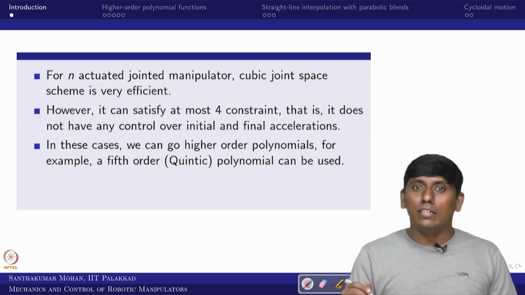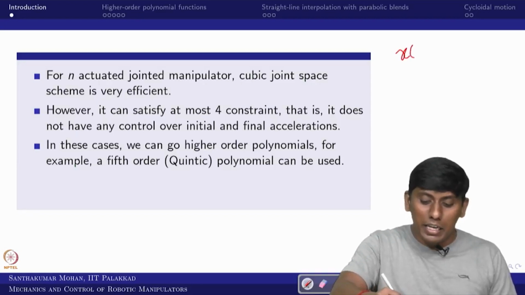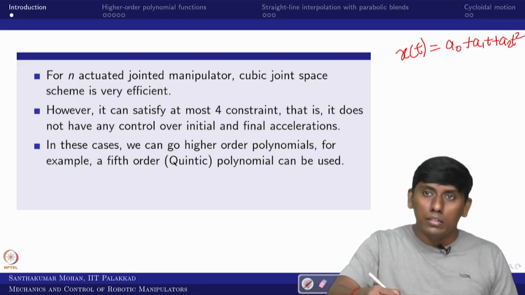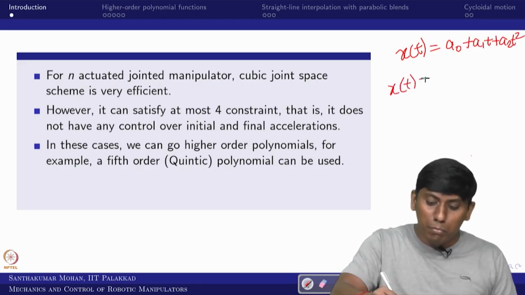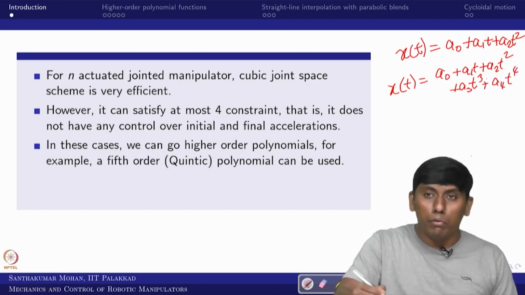I already said we do not even use the quadratic, because x of t can be written as a naught plus a1 t plus a2 t squared. Similarly, the fourth order polynomial is a naught plus a1 t plus a2 t squared plus a3 t cubed plus a4 t power 4.